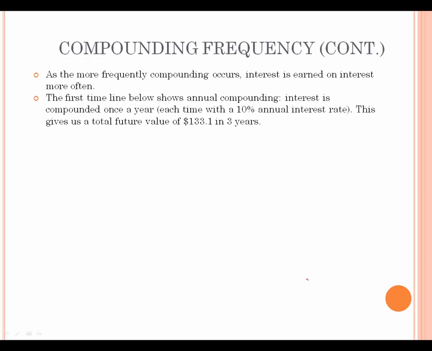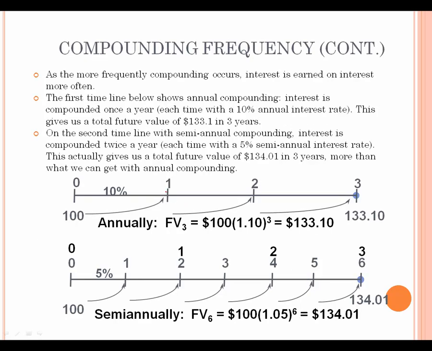If we look at the two timelines here, the first timeline represents $100 compounding annually at a 10% annual interest rate. After 3 years, the future value of this $100 will be 133.10. This is what we did in chapter 4, nothing really new here.